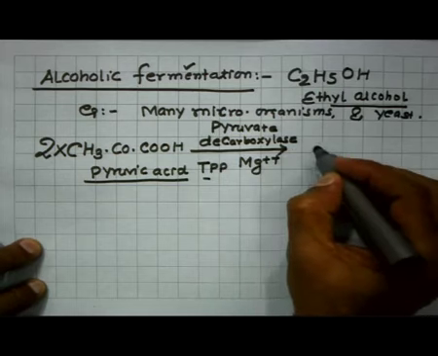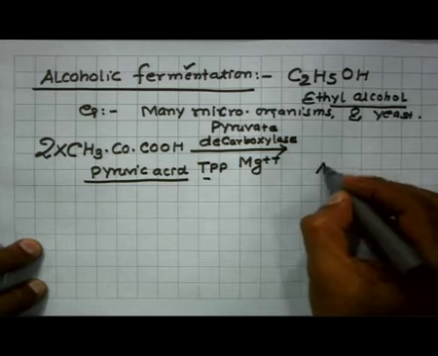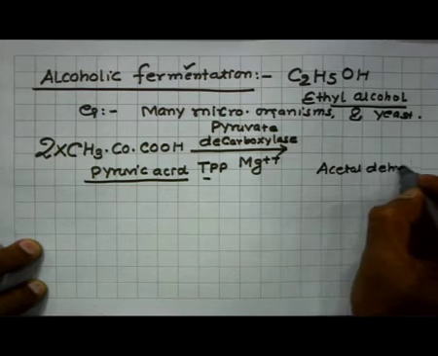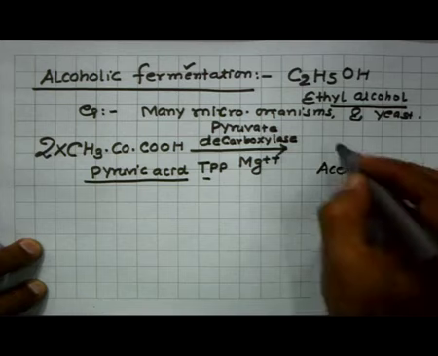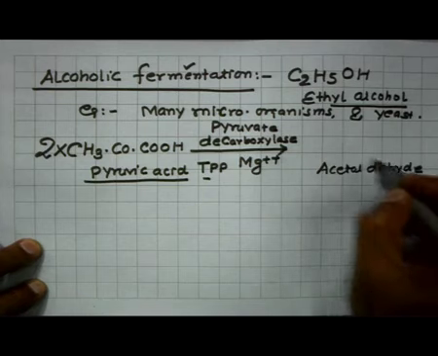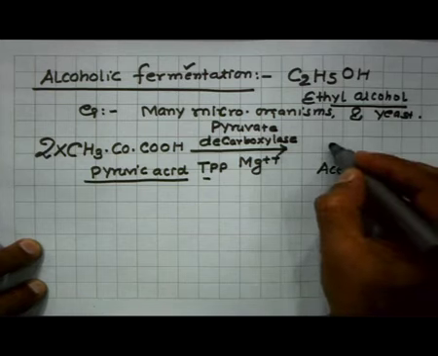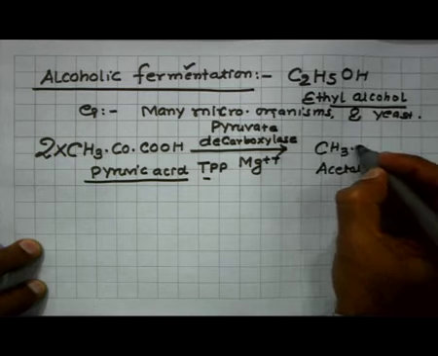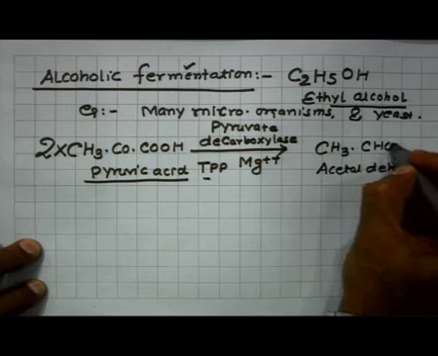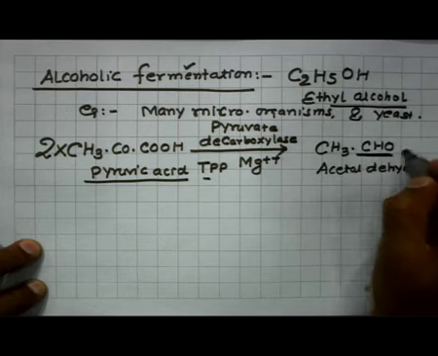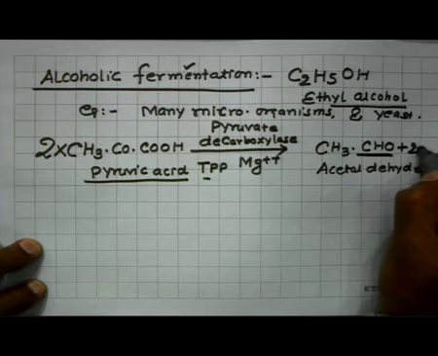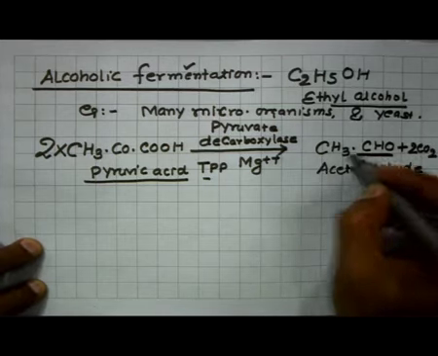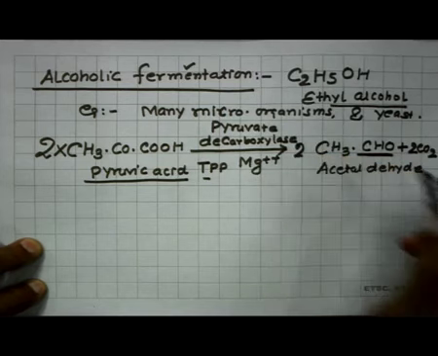First of all, it is converted into acetaldehyde. As the term indicates, the functional group is aldehyde. The structure is CH3CHO. This is the functional group of aldehyde, and 2 molecules of carbon dioxide are released and 2 molecules of acetaldehyde are formed.